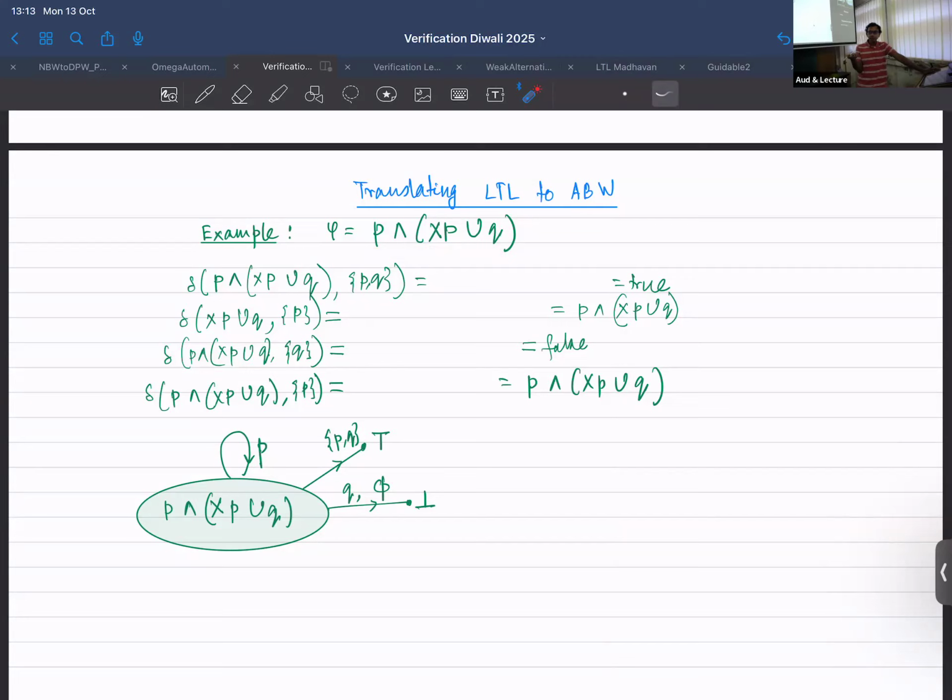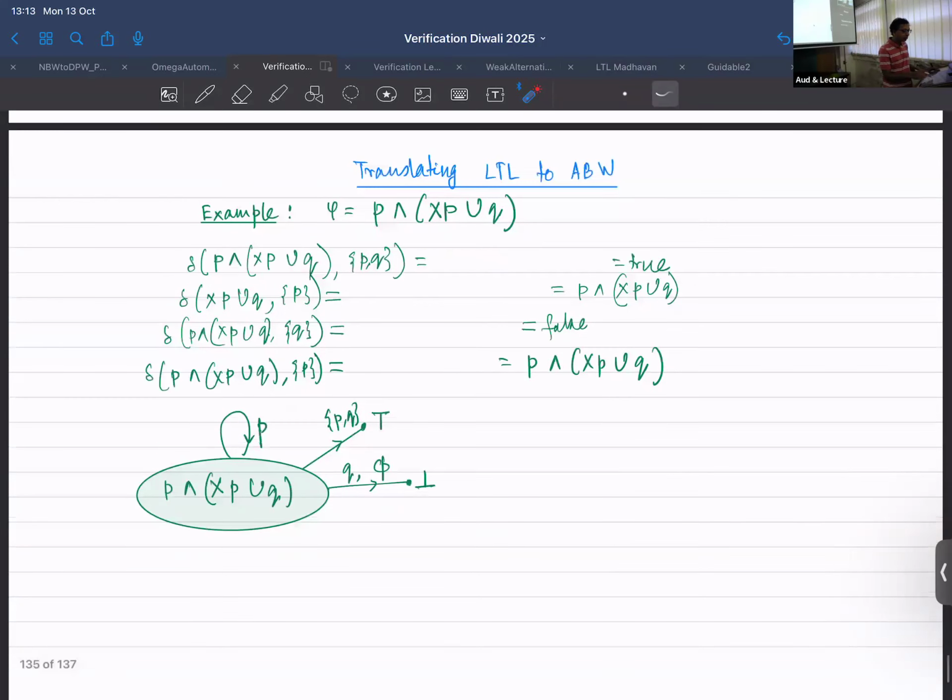Again, you can do the same thing, and this is how the automaton looks like: p and next p. So this is the formula we were seeing earlier: p and next p until q. If you see a p, you are just here, right?